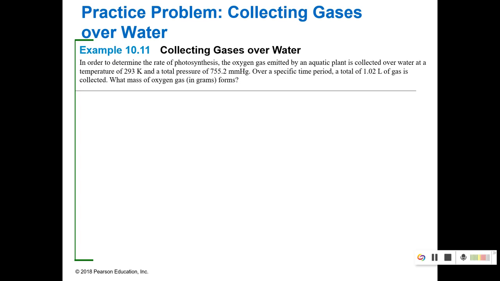So here we have, in order to determine the rate of photosynthesis, oxygen gas emitted by an aquatic plant is collected over water at a temperature of 293 Kelvin, which is 20 degrees Celsius. And the total pressure it gives us is 755.2 millimeters of mercury over a period of time. A total of 1.02 liters is collected. What is the mass in grams?